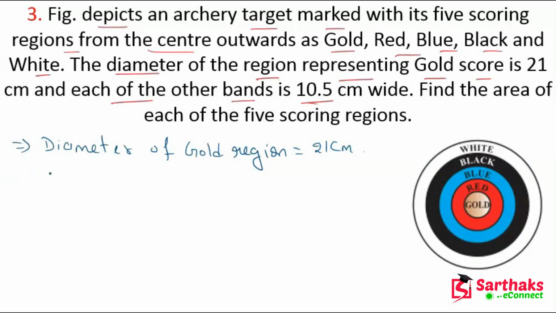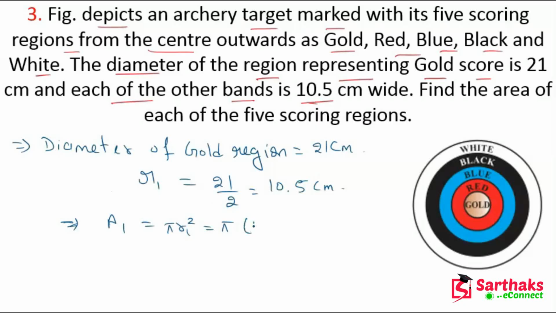The radius in this case, named R1, equals 21 by 2, which is 10.5 centimeter. Now if we find the area of this region, let's name it A1, which equals pi R1 square.